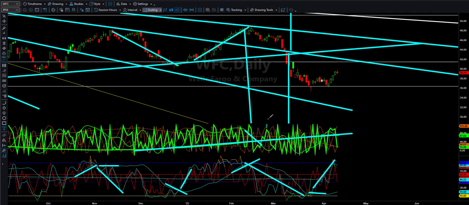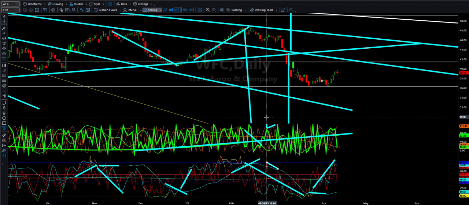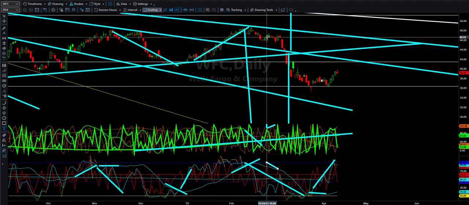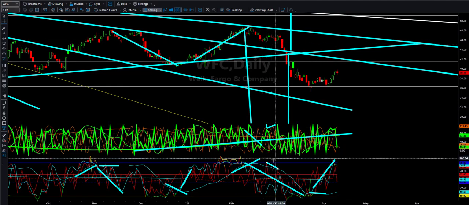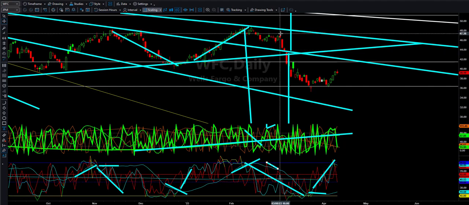Right here, right here. Now, if you look at this also, the cycle divergence is very strong. This one is using mostly momentum. This is using mostly cycle, and you can see here and here there's a divergence between the two, right? And doing a retest on the price.